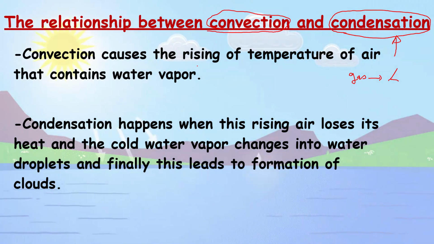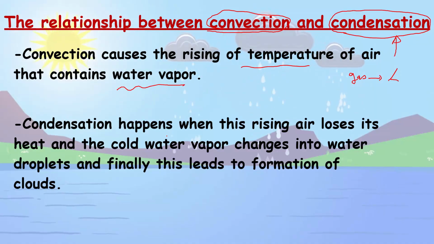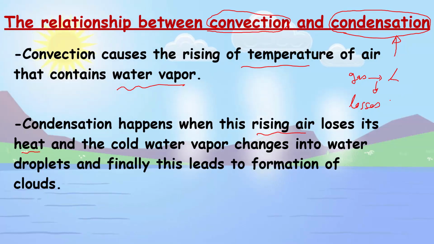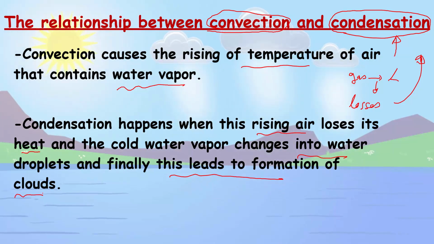So convection causes the rising of air that contains water vapor. Condensation happens when this rising air loses its heat. We said that when the gas loses heat, condensation takes place, and the cold water vapor changes into water droplets, and finally this leads to the formation of clouds.